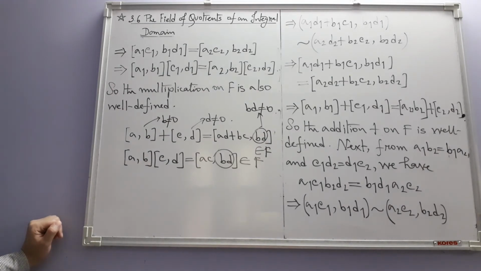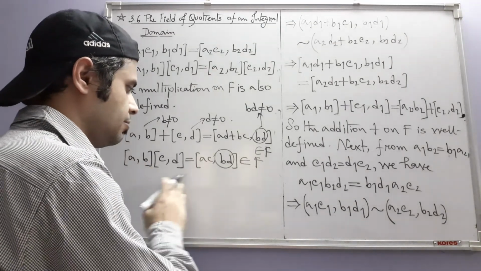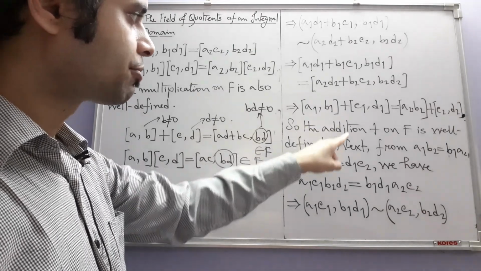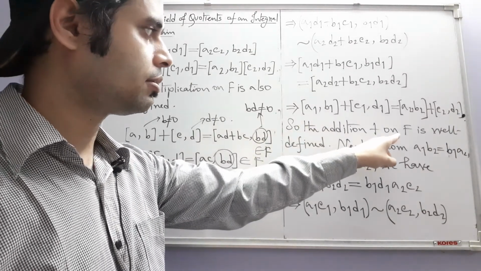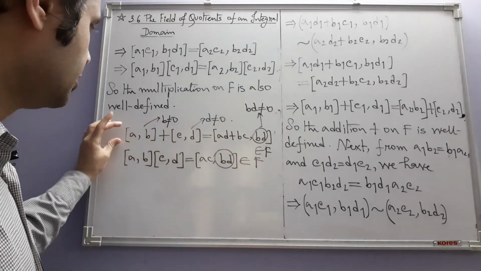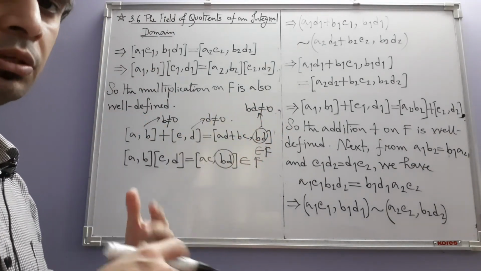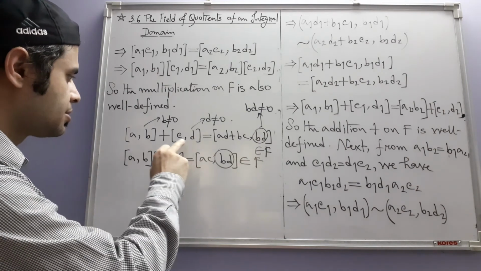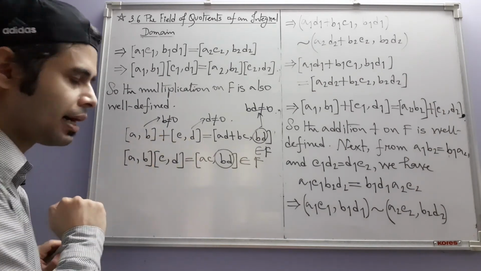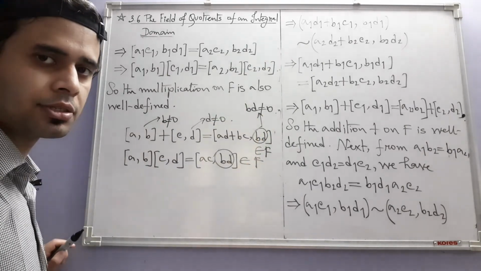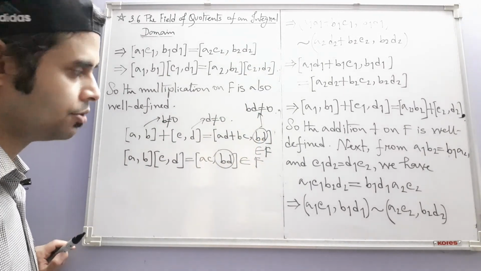So you have to insert this somewhere. I mean, before you write that the addition on F is well defined, you write this fact nicely: since b and d are non-zero, note that bd is also non-zero because we are in an integral domain.